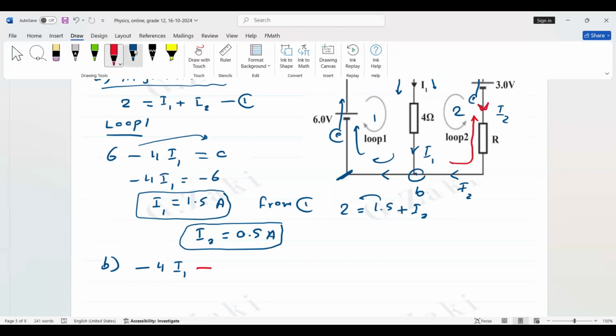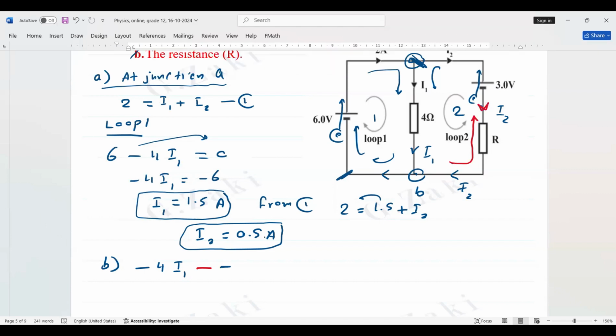Then the current is I2 and the resistor R, so it's negative I2 multiply R. You understand why it's a double negative? Because the loop direction is opposite to the current direction. Now, again, this is the loop. The electromotive force 3 is the same direction as the loop, so it's plus 3 equals 0.